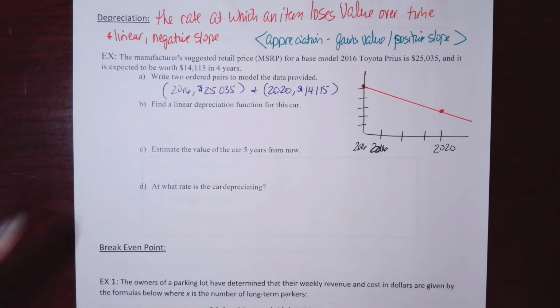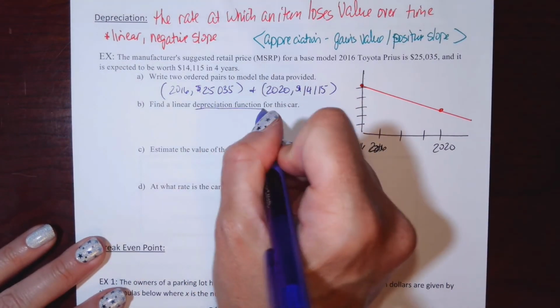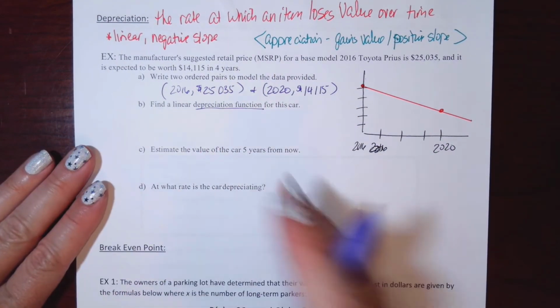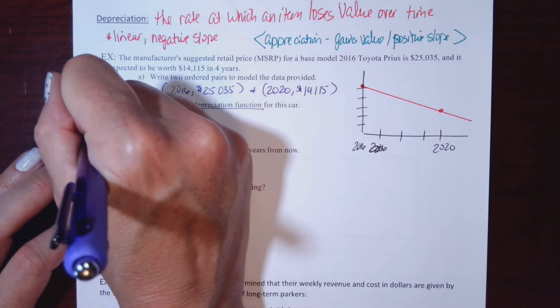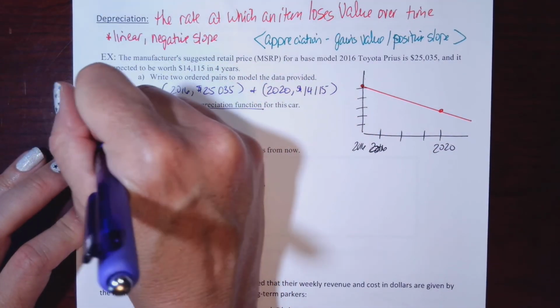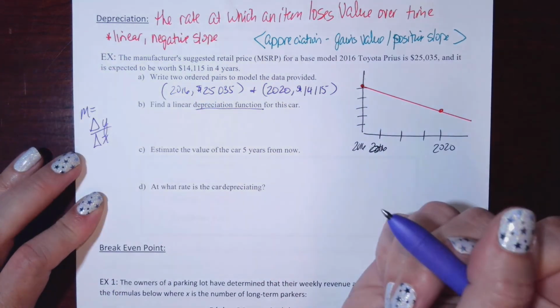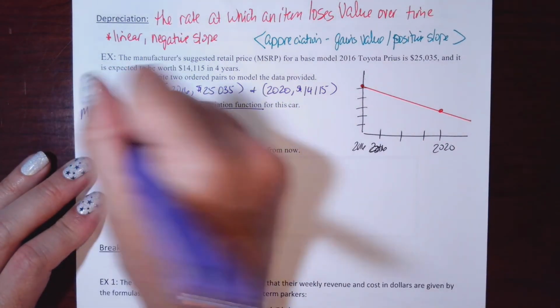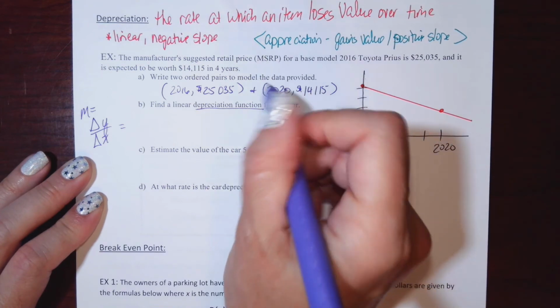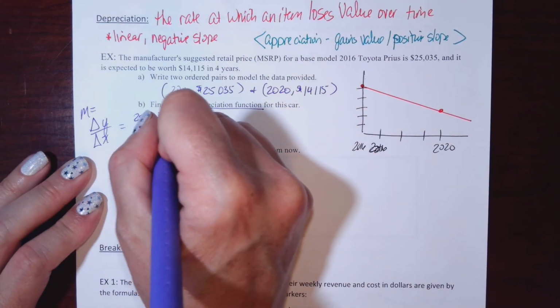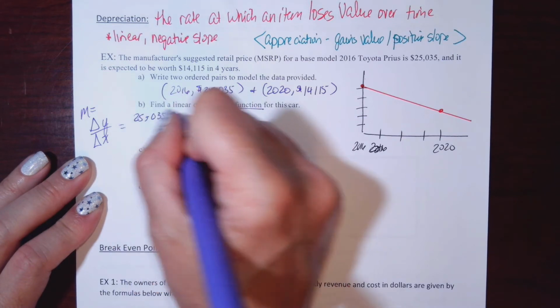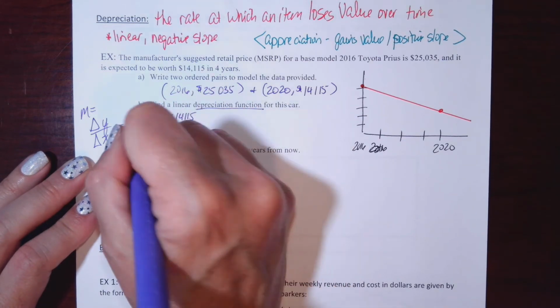Now it asks us to find the depreciation function for this car. Well, this line has a slope. It has a negative slope. So let's find that slope. M is going to be change in y over change in x, rise over run, or in this case fall over run. If we start with value here, y values go in the numerator. $25,035 minus $14,115.